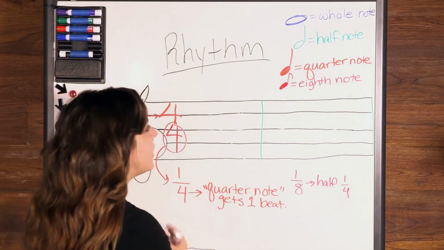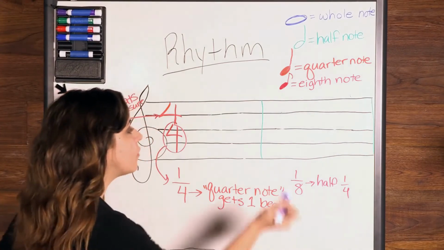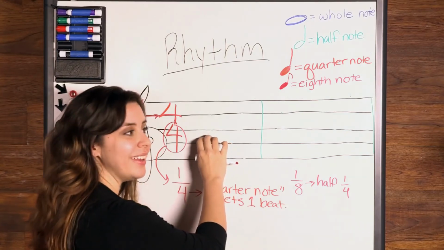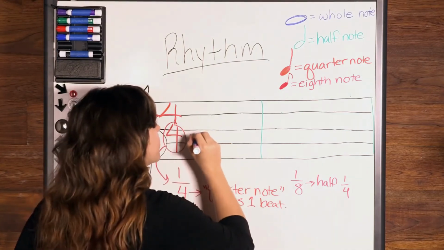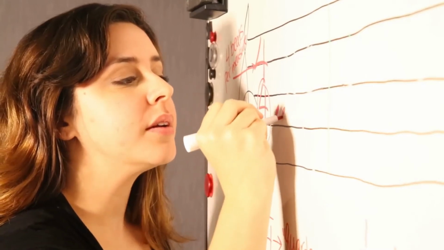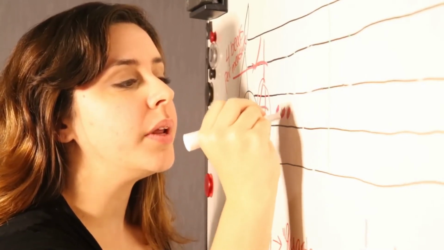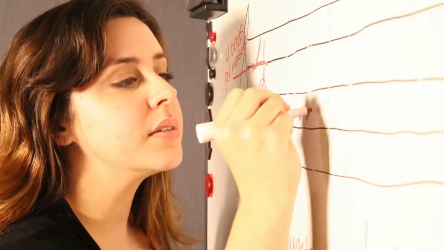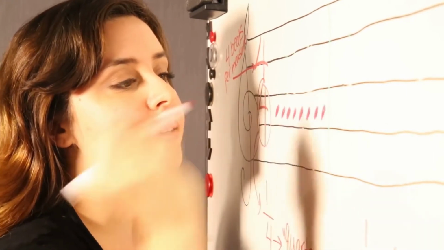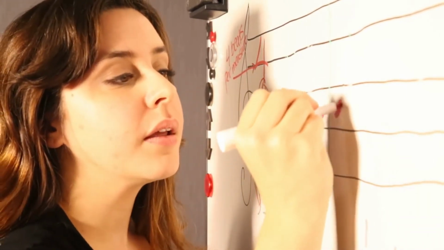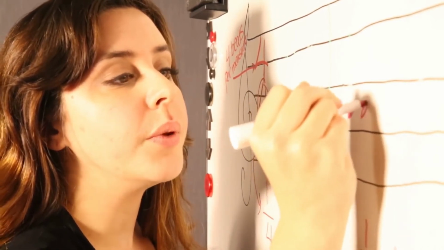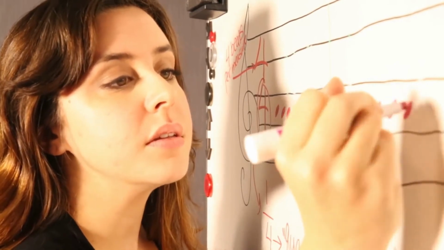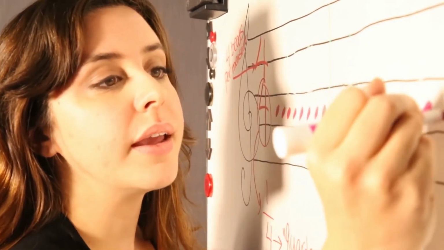Now, for the 8th note, I was going to write it out. For the 8th note, since you could put 4 quarter notes, you can put 8 8th notes. So we're just going to put down right here, because they're a little tiny. 3, 4, 5, 6, 7, 8. 1, 2, 3, 4, 5, 6, 7, and 8.